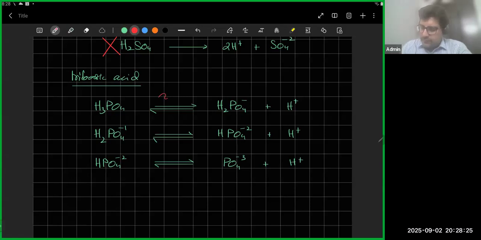So 3 dissociations: dissociation 1, dissociation 2, and dissociation 3. So there are 3 totally separate equilibrium reactions.